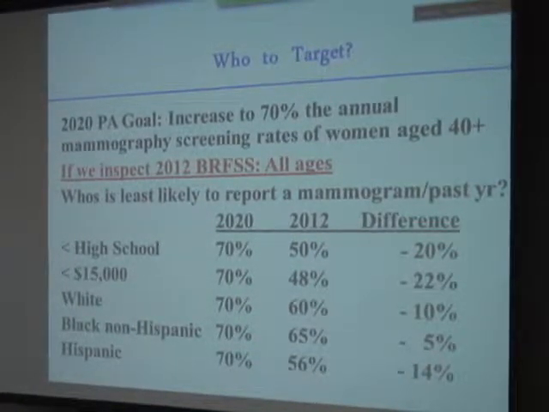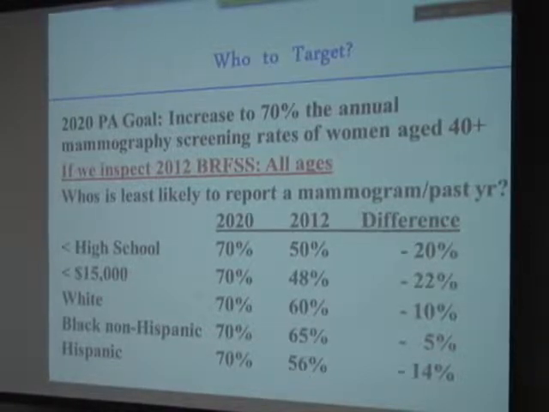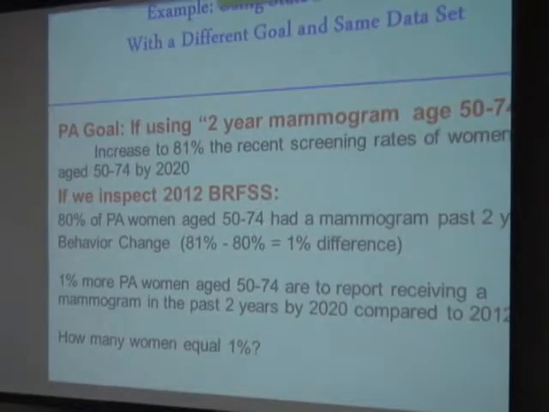There are the differences, and you can see here that the largest is among the low income. No surprise, although we're hoping to really see that change with the Affordable Care Act. We're hoping, okay? But this begins to give you ideas about your target audiences for your health promotion activities.